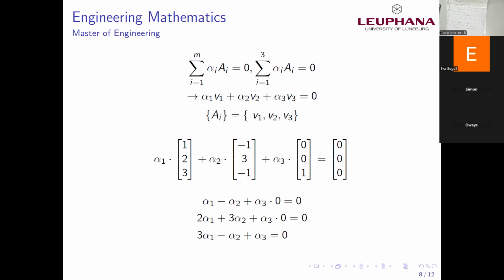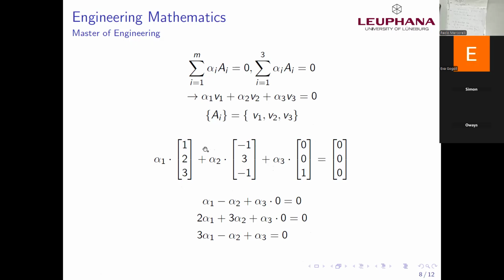Now, at the beginning of the course, I told you what we intend with this sentence here. You remember? A parameter which multiplies a vector means that this parameter multiplies this coefficient, and this coefficient. The same for this, the same for this. Then the sum between vectors is the sum of the corresponding components.